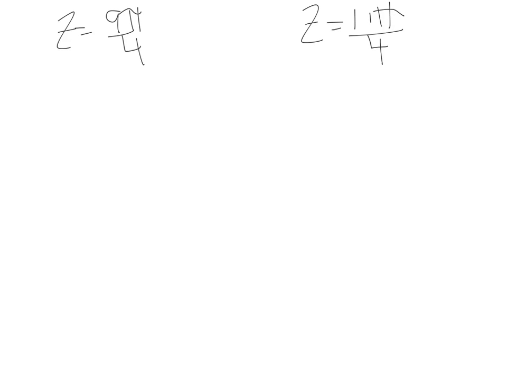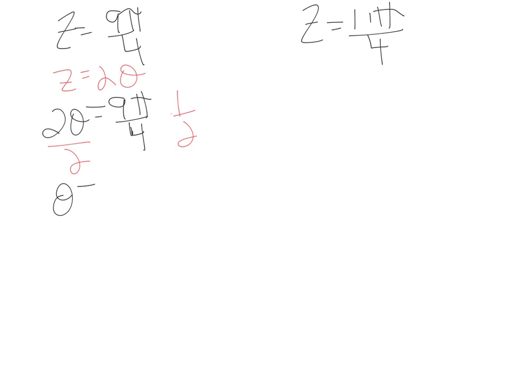But remember, z was 2 theta. So 2 theta equals 9 pi over 4. Divide by 2. 9 pi over 8. And I do the same thing over here.